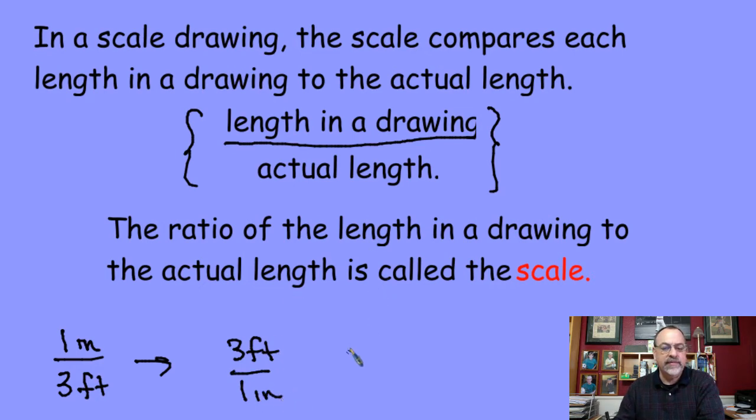How we write that doesn't matter. However, we do have to keep in mind what value is what. In other words, we have to keep track of which number is for the drawing and which number is for the actual. Which number for the drawing and which one's for the actual, we have to keep track of that in order to use this then to find out other values using proportions.